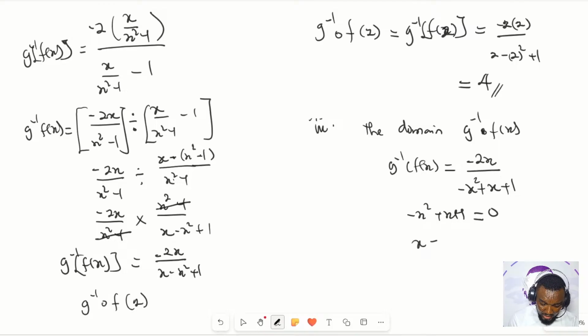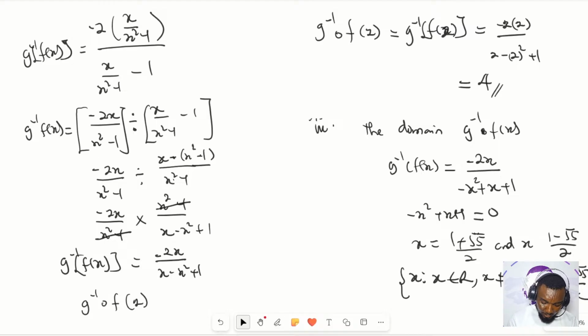So x is equal to 1 plus square root of 5 all over 2, and x is equal to 1 minus square root of 5 all over 2. So we write the domain as x such that x is a member of all real numbers, where x is not equal to 1 plus square root of 5 all over 2 and 1 minus square root of 5 all over 2. And you have been able to find the domain, right?